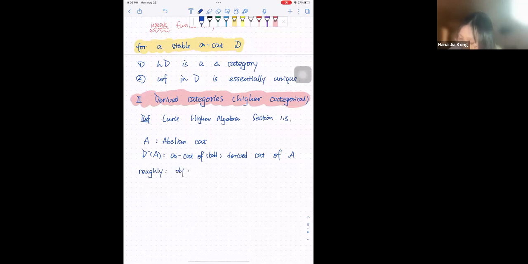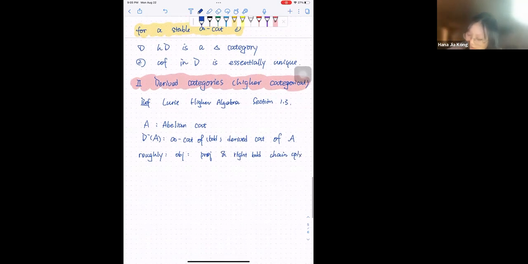The objects are the projective and right bounded chain complexes. The one-morphisms are maps of chain complexes, and the two-morphisms are chain homotopies, and so on and so forth.